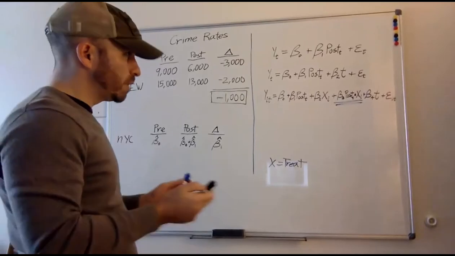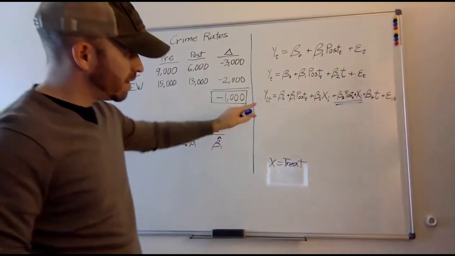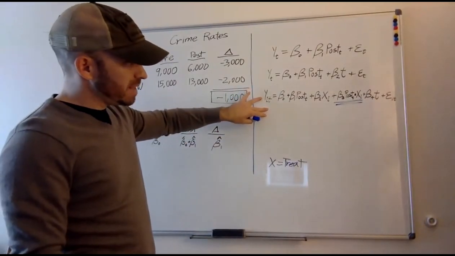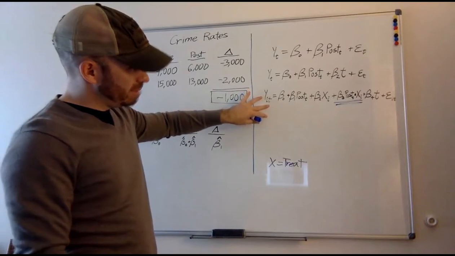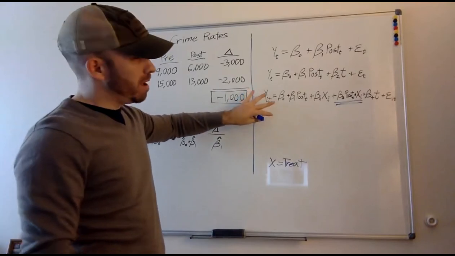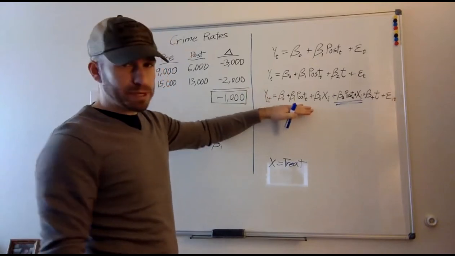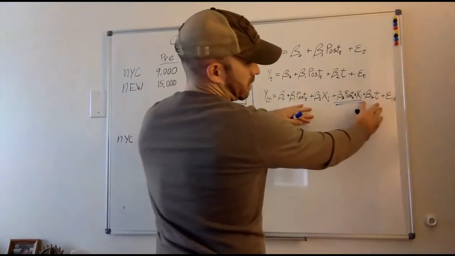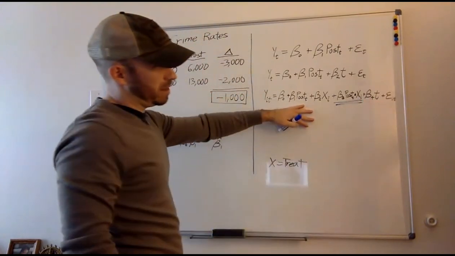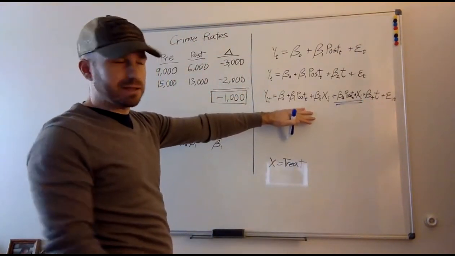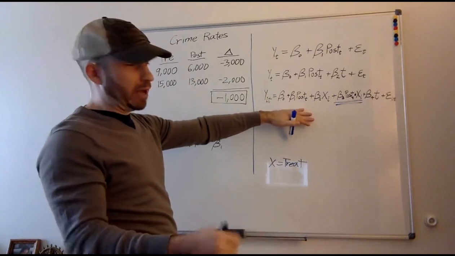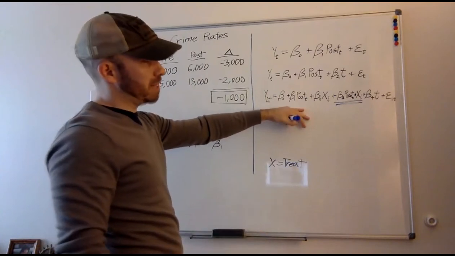Okay, so we're getting there, right? What we have here now is essentially the most basic form of a difference in differences estimating equation, with the addition of this term that I left in there to remind us that we can be controlling for a time trend at the same time as this.